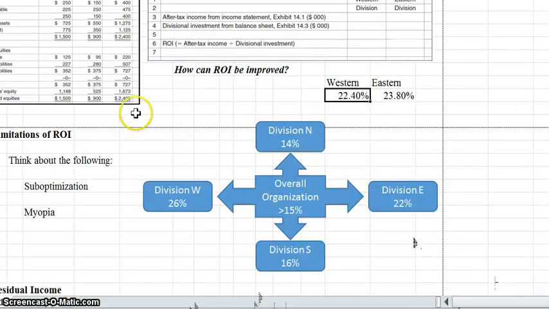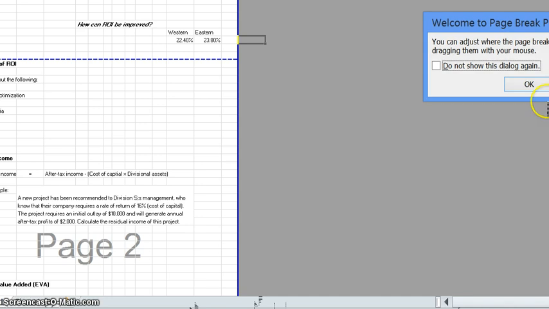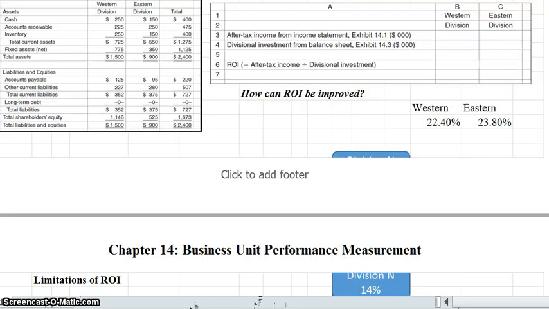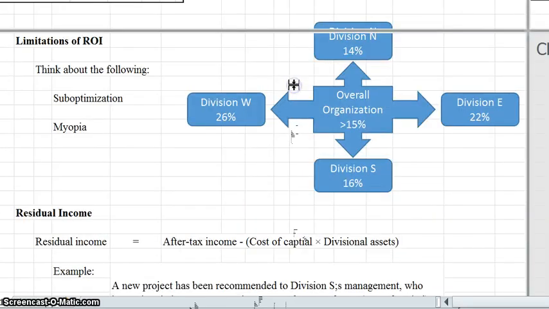Now, keep in mind that there are some limitations of really what we're doing with ROI. All right, so there are some limitations when we're looking at ROI. Our focus could be on some of these things, and this is definitely something that you're going to want to read carefully when it comes to chapter 14 in the book.